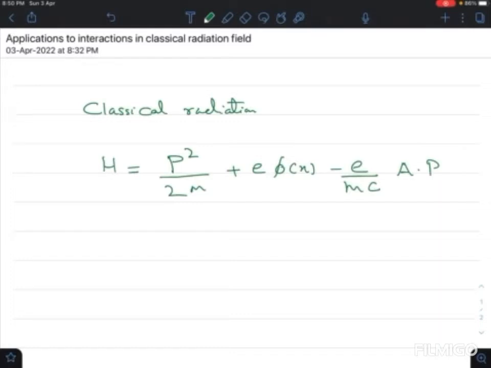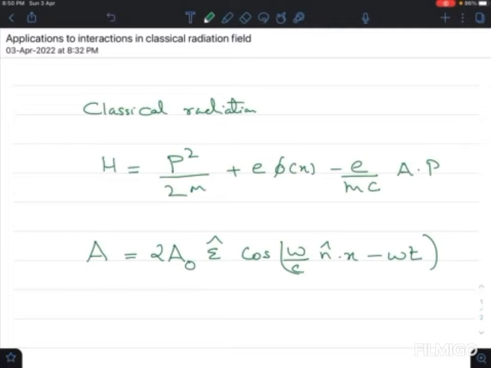Now what we do is we take up this field A. We work with the monochromatic field of the plane wave. So A is represented as 2A0 epsilon cap cos of omega by c n dot x minus omega t.